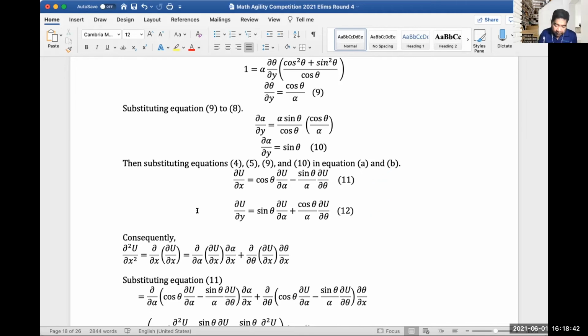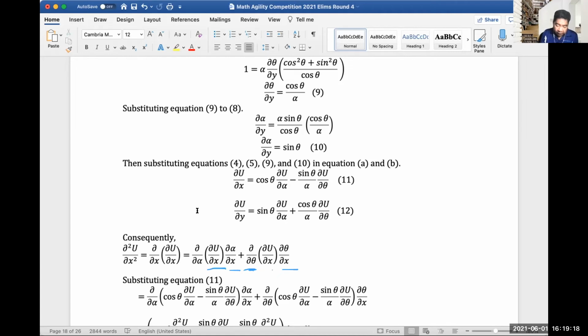So consequently, the second partial derivative of u with respect to x is actually equal to the partial derivative of the partial derivative of u with respect to x. And it is also equal to partial derivative of the partial derivative of u with respect to x with respect to alpha times partial derivative of alpha with respect to x plus partial derivative of the partial derivative of u with respect to x with respect to theta times partial derivative of theta with respect to x.